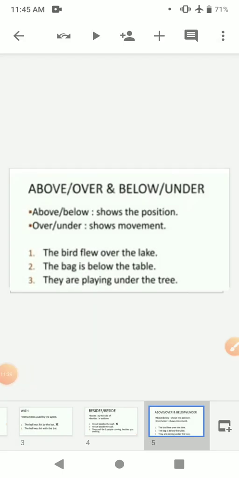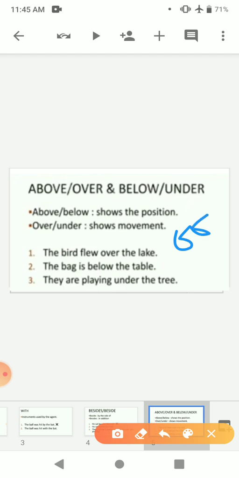Now the other example, they are playing under the tree. For example, this is a tree. Sorry, I am very poor at drawing. This is a tree and the children are playing here. They are in movement, they are in motion, so we use under.